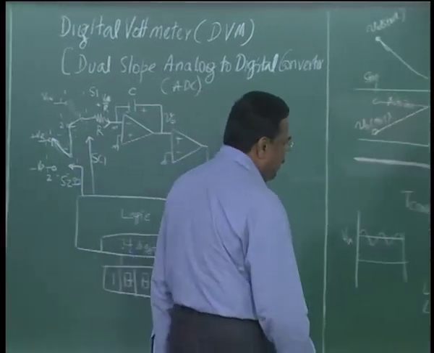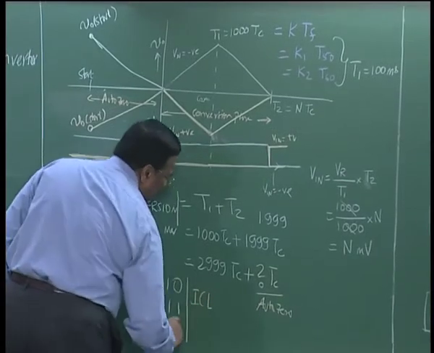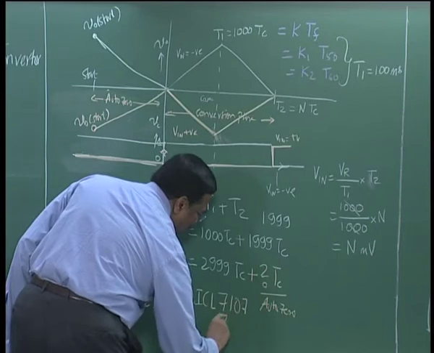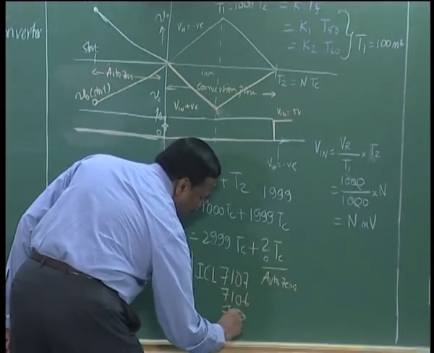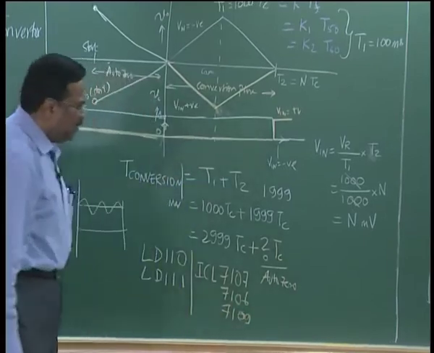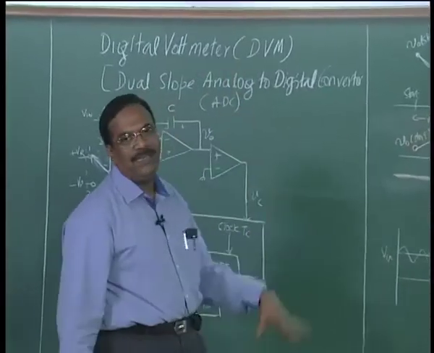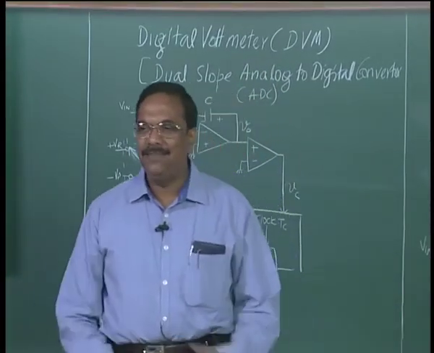Later the same company made ICL7107, 7106 and 7109. 7107 is a full dual slope digital voltmeter which will directly drive an LED display.